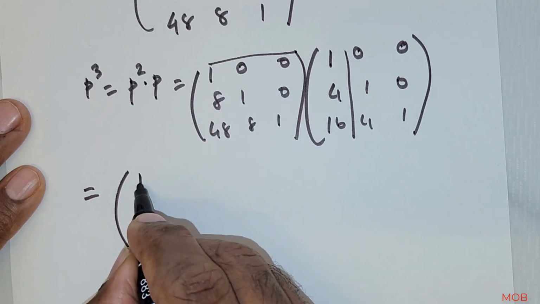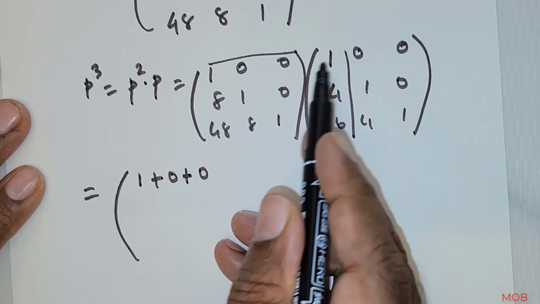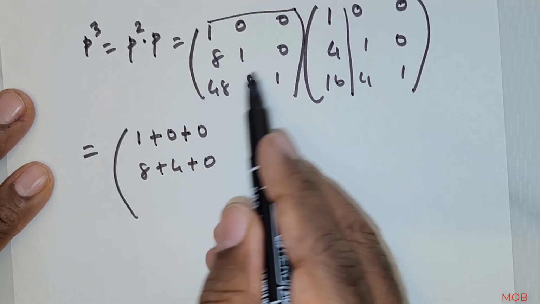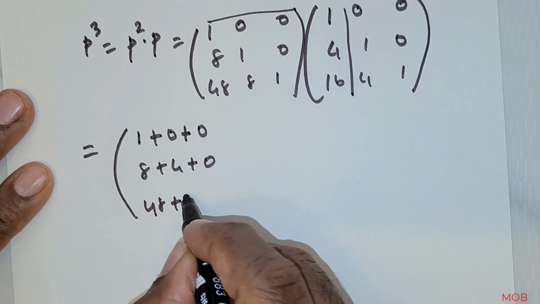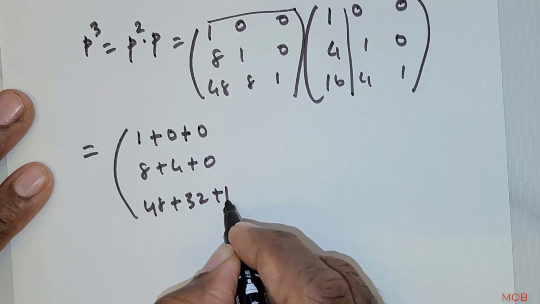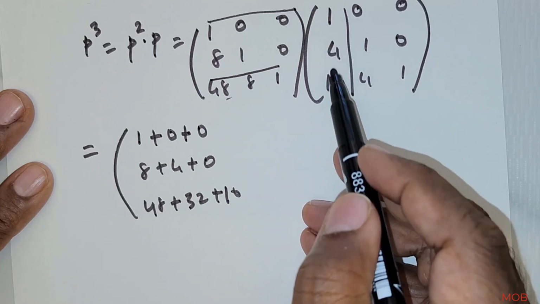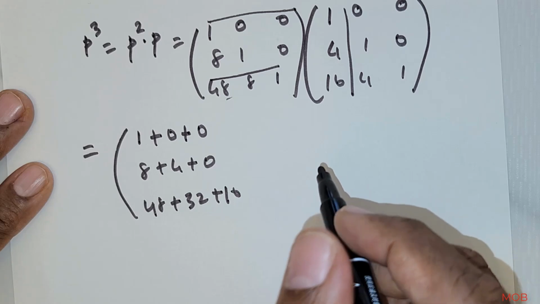So it's going to be 1 into 1 added with 0 added with 0, 8 into 1 added with 4 added with 0, then 48 plus 32 plus 16, right? This entire row is multiplied with this column, 48, 32 and 16. So it's a huge number.